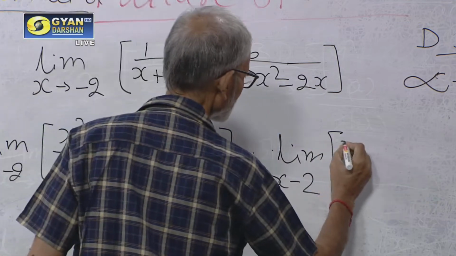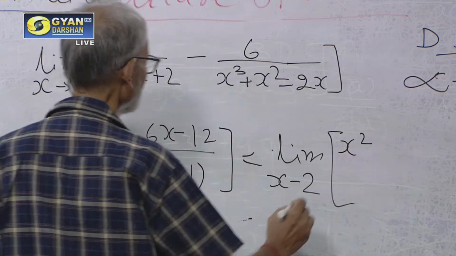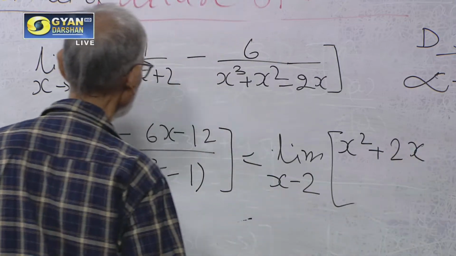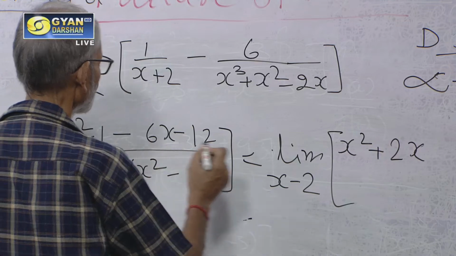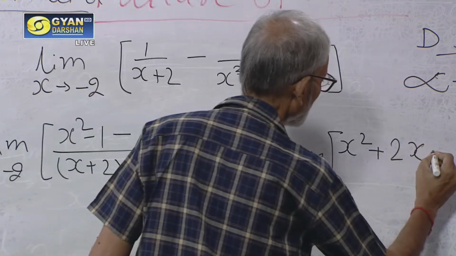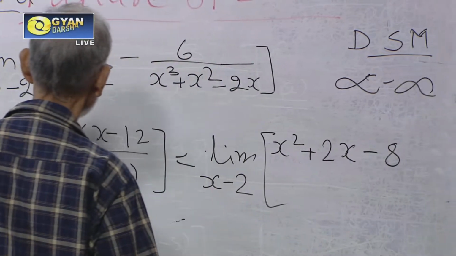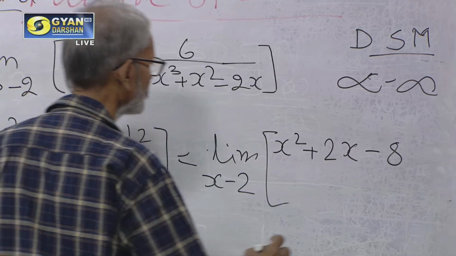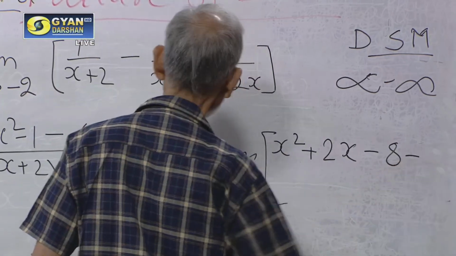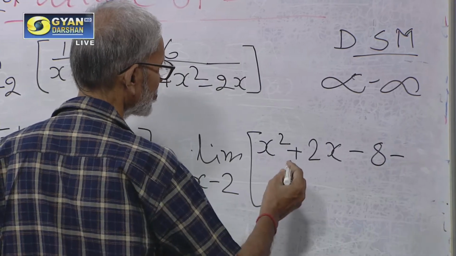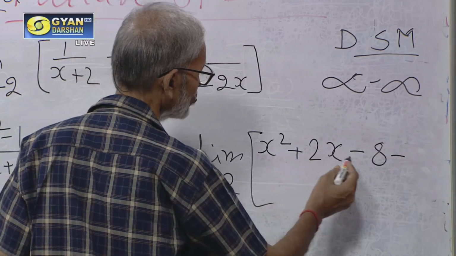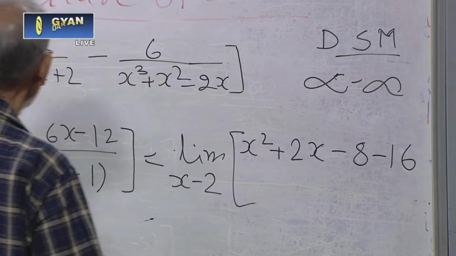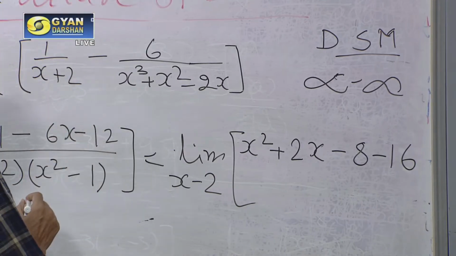So x square plus 2x minus 8x and minus, it should come plus 2, so it should come minus 16. So it means that some mistake is here.